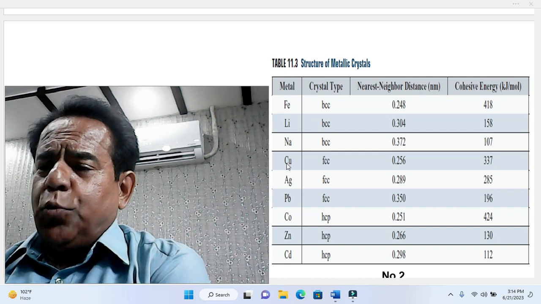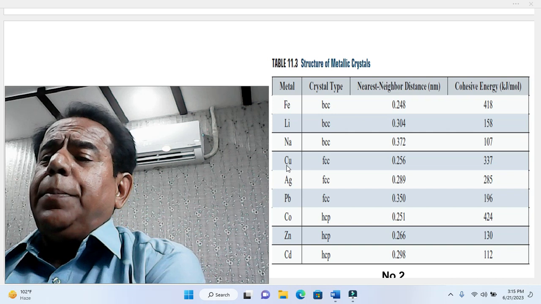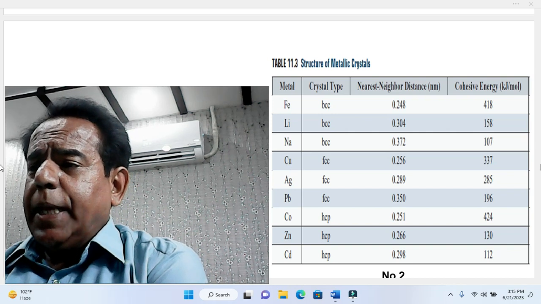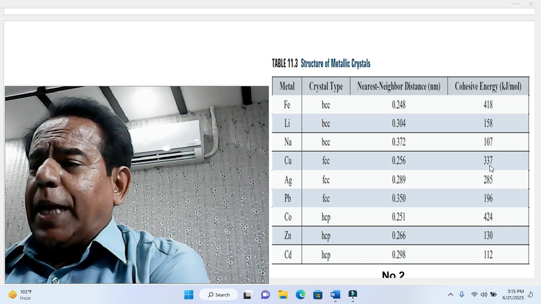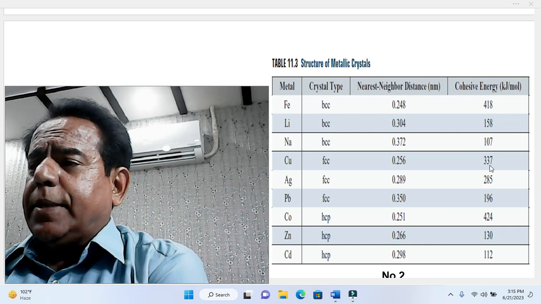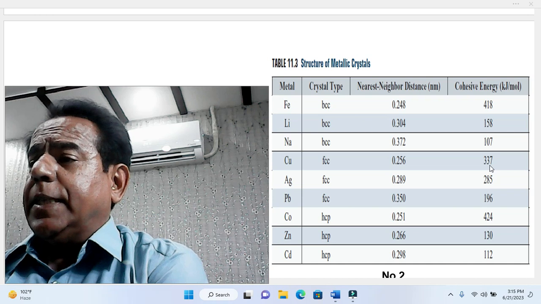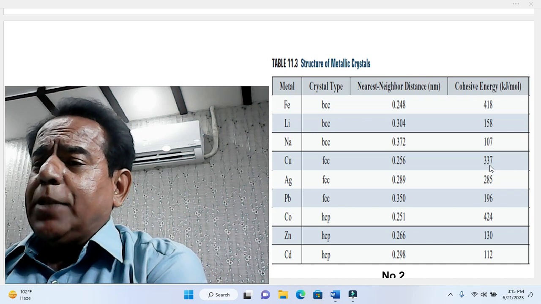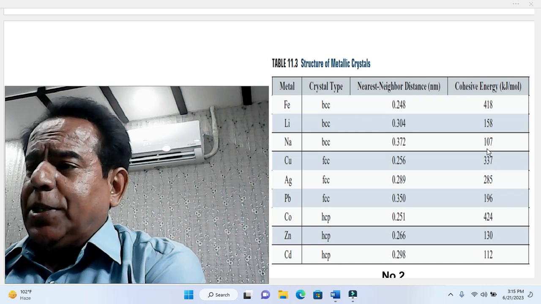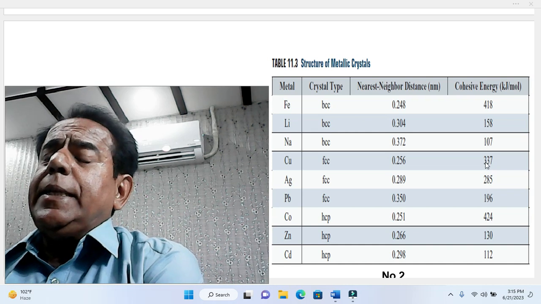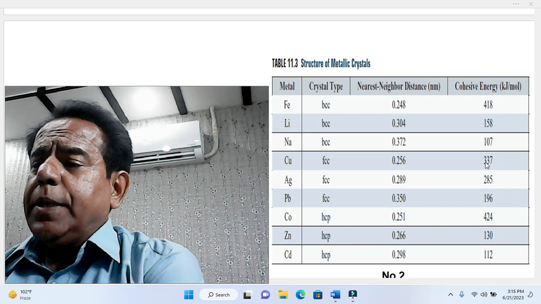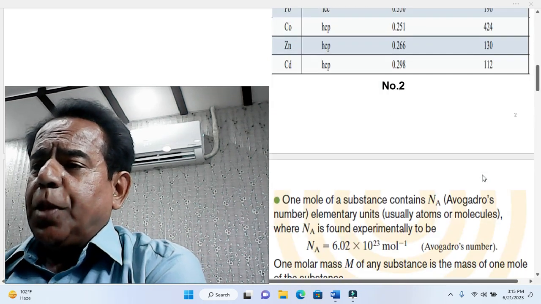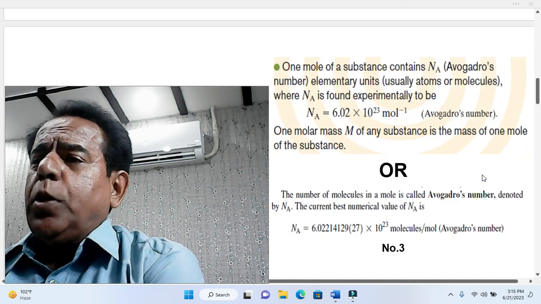In the third and fourth rows, sodium and copper are included, and to the extent of this problem we are concerned with cohesive energy in kilojoule per mole, which in the case of sodium is 107 kilojoule per mole, and in the case of copper it is 337 kilojoule per mole. Now we come to helping tool number 2.